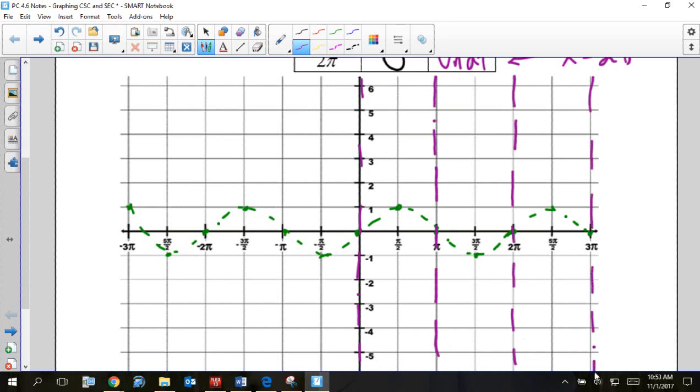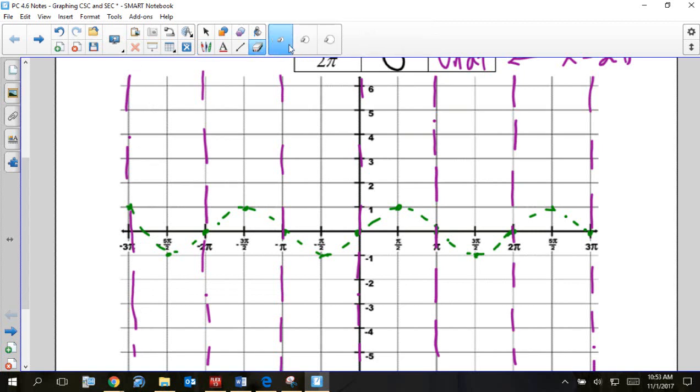And because these graphs are periodic, they repeat, evenly spaced, so I can put in all the other asymptotes. Basically, there's an asymptote every place where sine was 0.